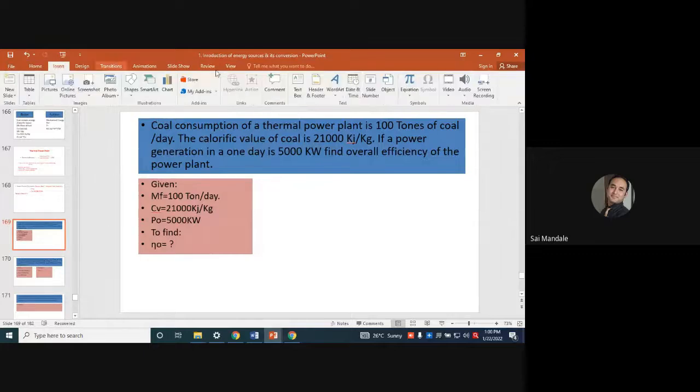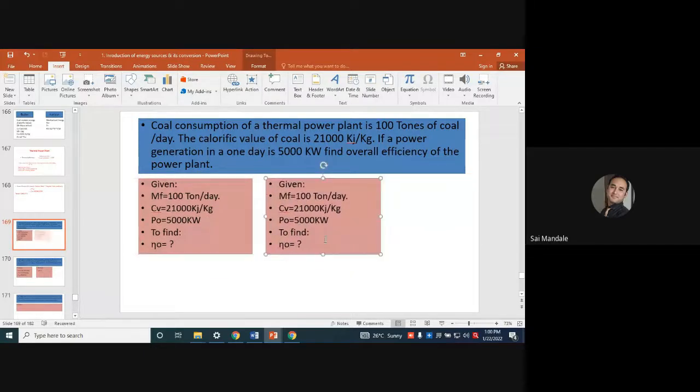Now, if I wish to calculate its solution, what to do? What is the formula to calculate the efficiency? The formula is output upon input.